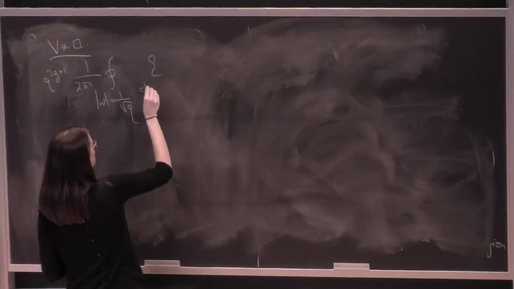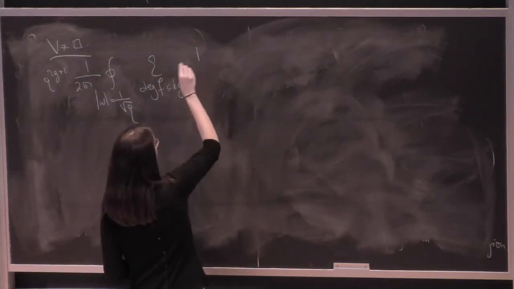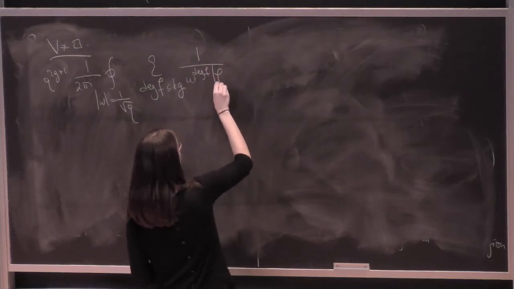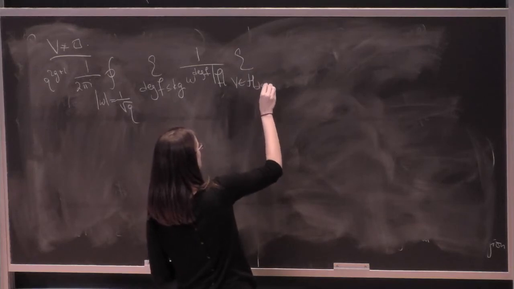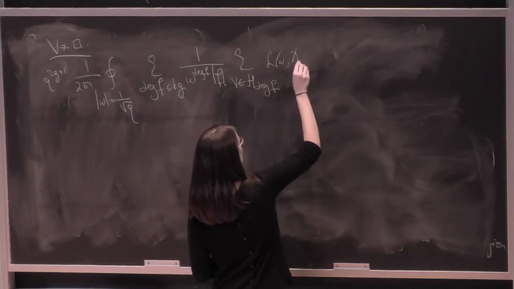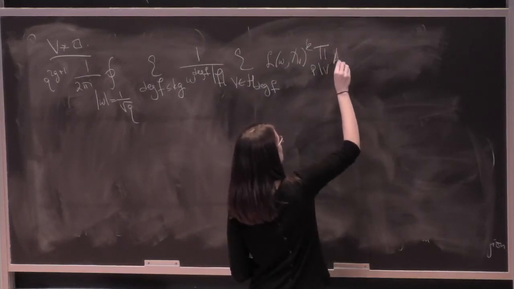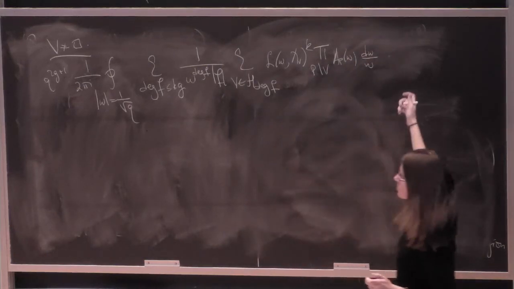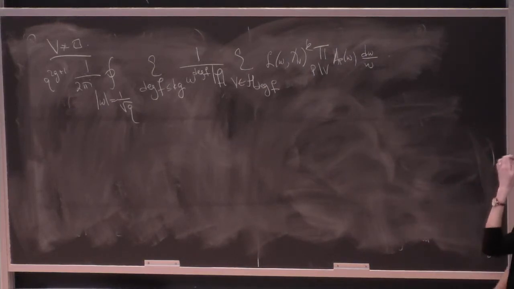Then I have the sum over polynomials f of degree up to kg, 1 over w to the degree of f over the norm of f. And then I have the sum over v of degree roughly the same as the degree of f. So here I just use Perron's formula, basically Cauchy.